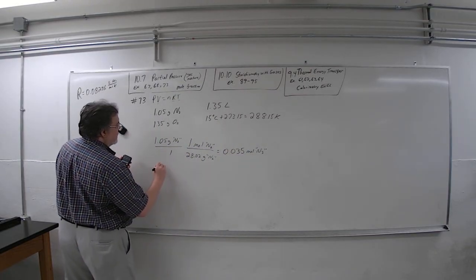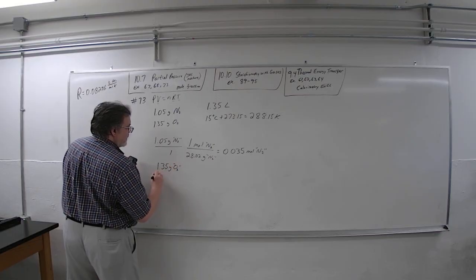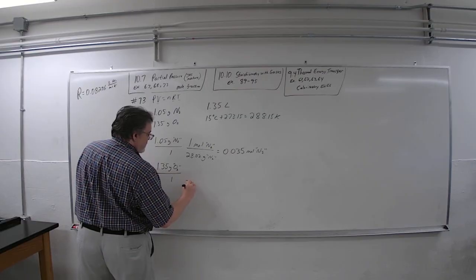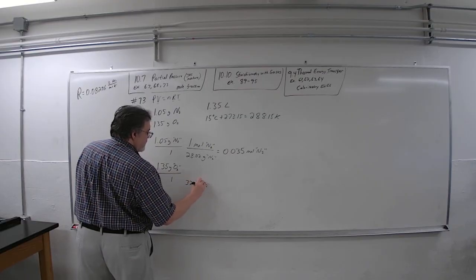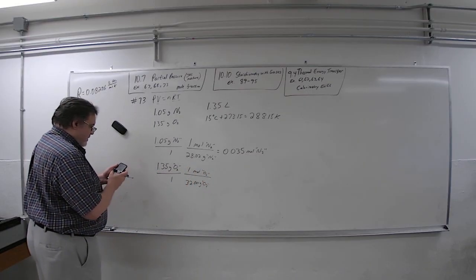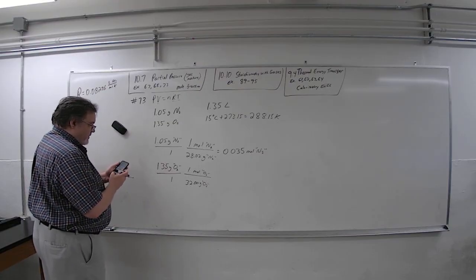O2, and that's going to be 32 grams of O2. 1.35 divided by 32.